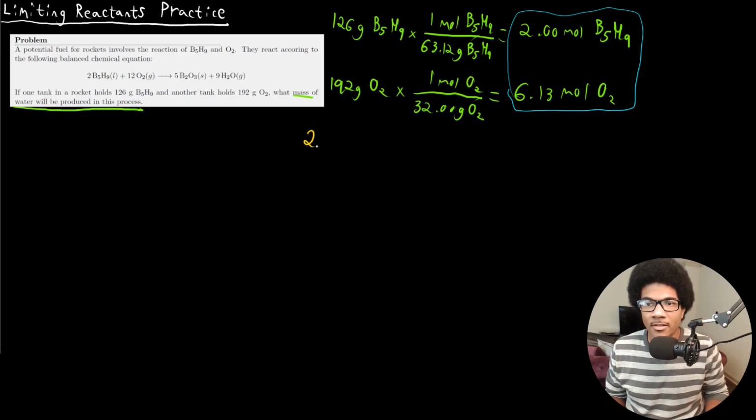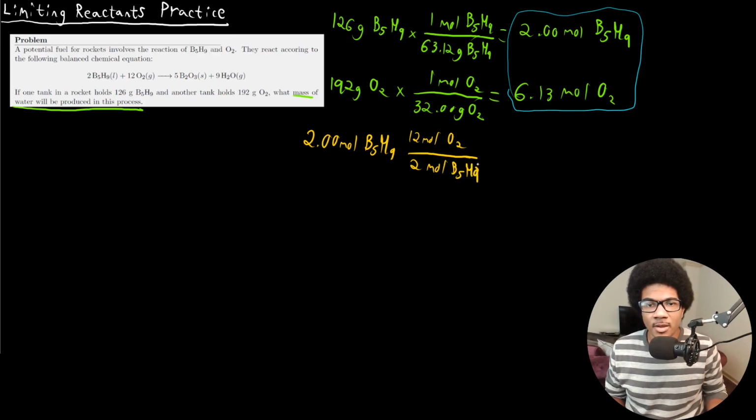So if we do that, then we have 2 moles of B5H9. And we take the mole-to-mole ratio from our balanced chemical equation, right? So for every 2 moles of pentaborane, you've got 12 moles of O2. So we'll have 12 moles of O2 and 2 moles B5H9.